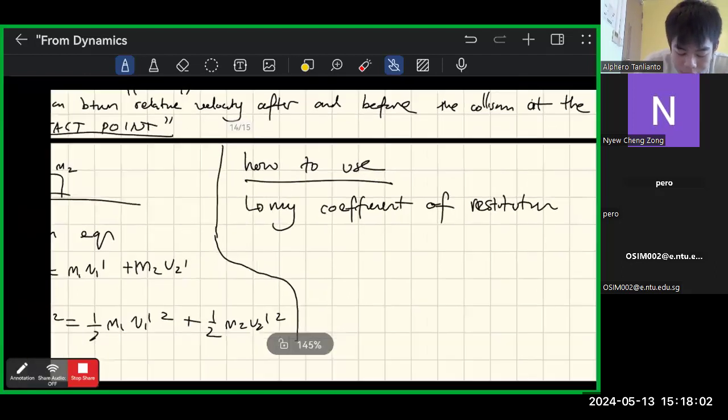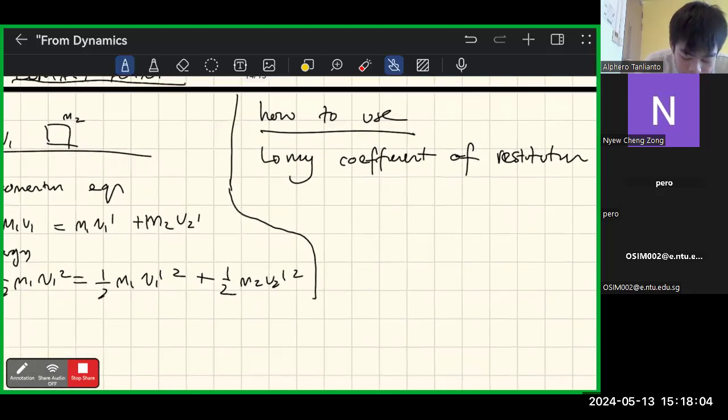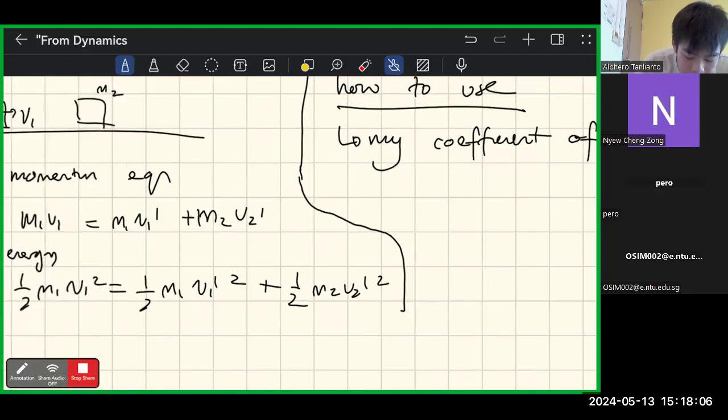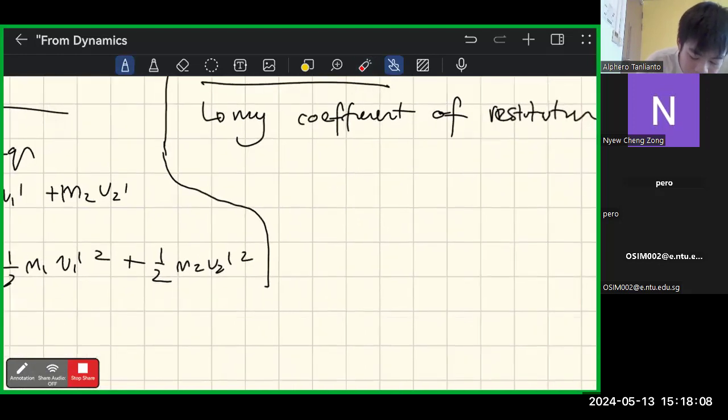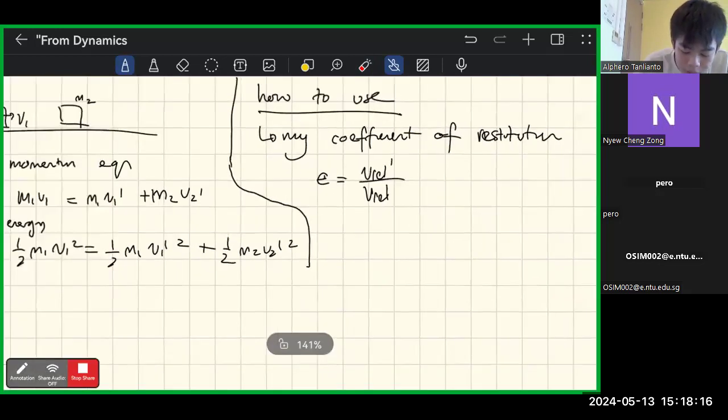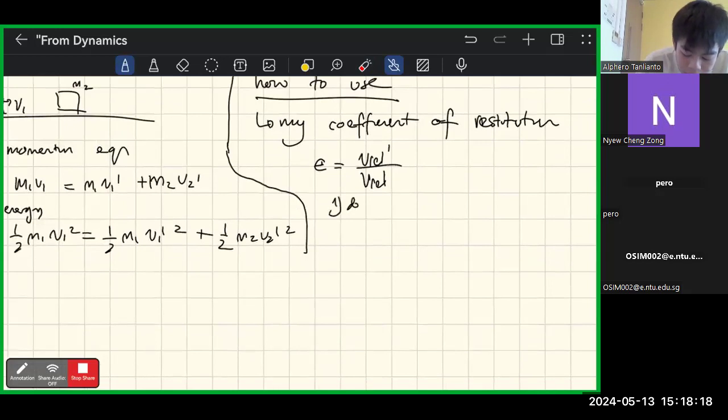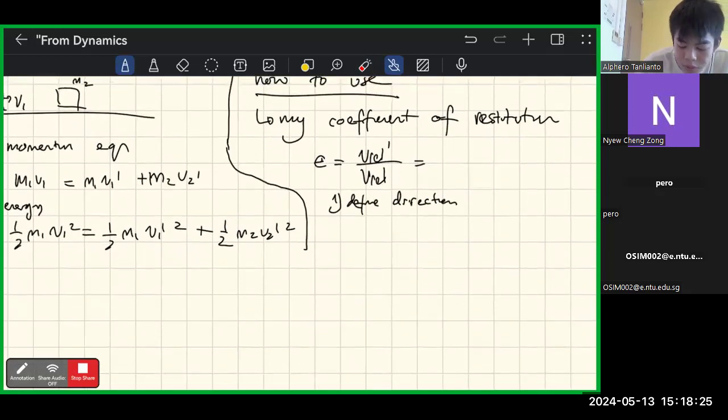The concept of the coefficient of restitution itself is that E equals the relative velocity after divided by relative velocity before. So the first step is to define direction. Choose or decide.